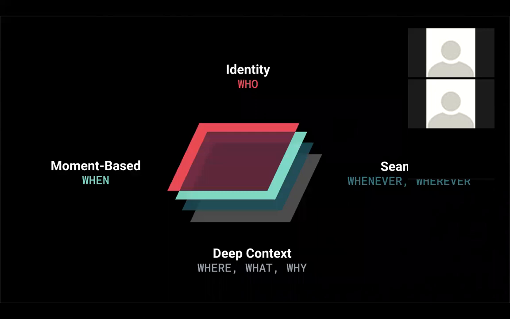Where are they at that very moment in time and space based on their geolocation data, for example? Be able to marry all that together in the moment and be able to deliver that across any channel.